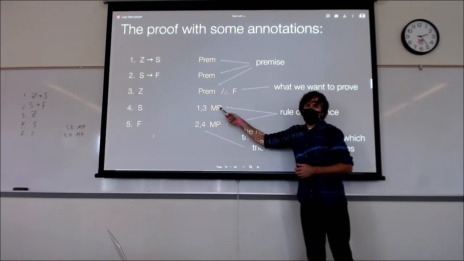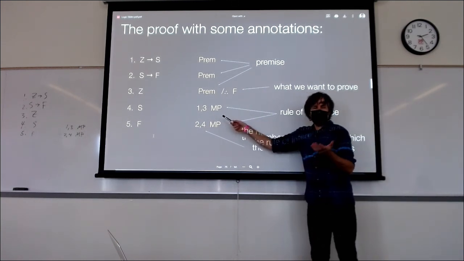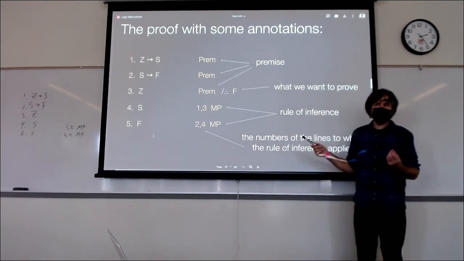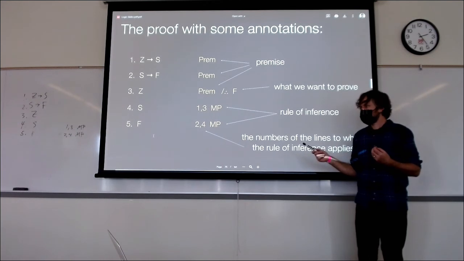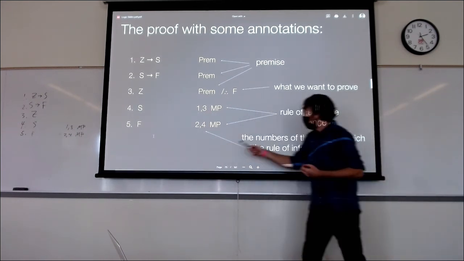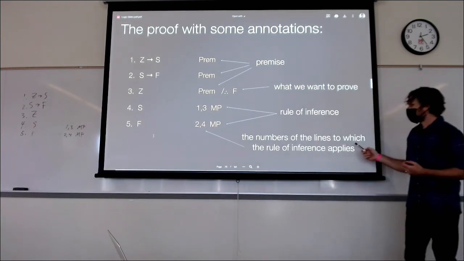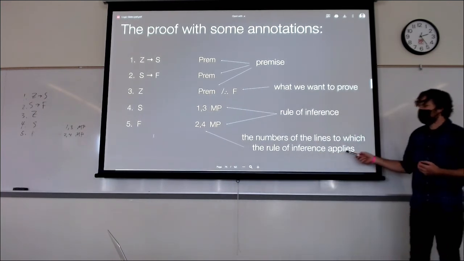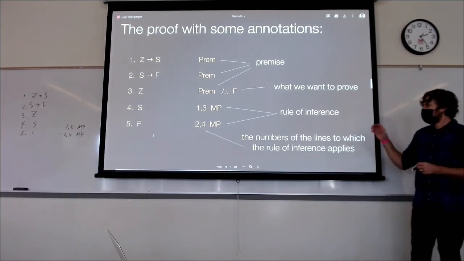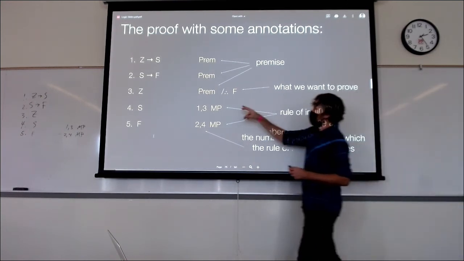MP is just an abbreviated way of expressing what rule of inference we're using: modus ponens. And over here, the numbers of the lines to which the rule of inference applies, or the lines on which you use the rule of inference.